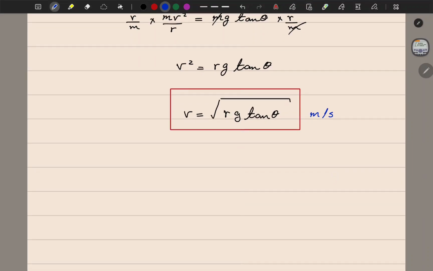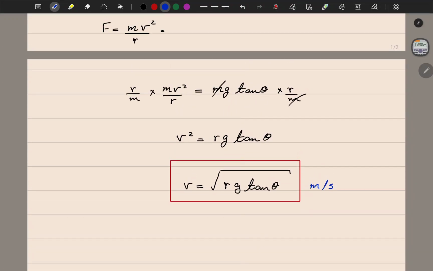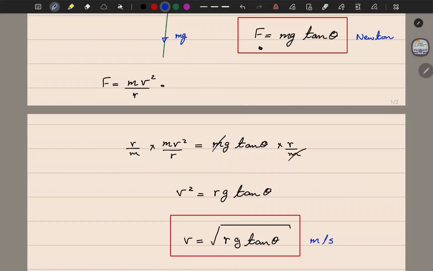So we can see from here that there is a relation between the velocity and the centripetal force, and that for both of them, they both take into consideration the angle of the banking. So what does this mean? This means that the velocity is very important when talking about circular motion on the surface of the earth.